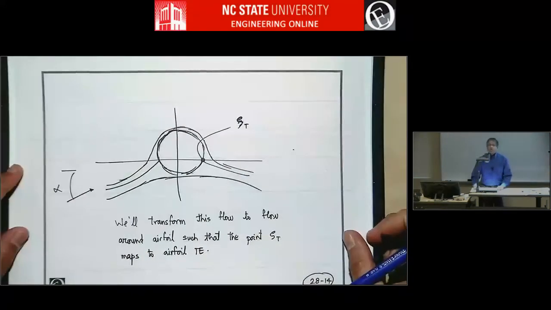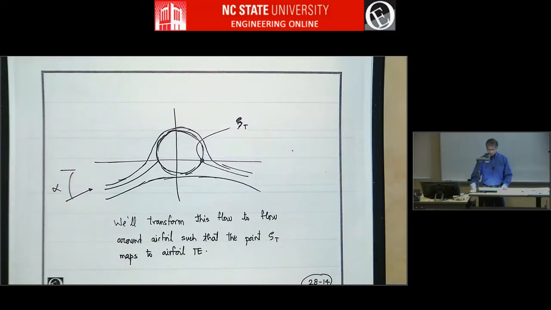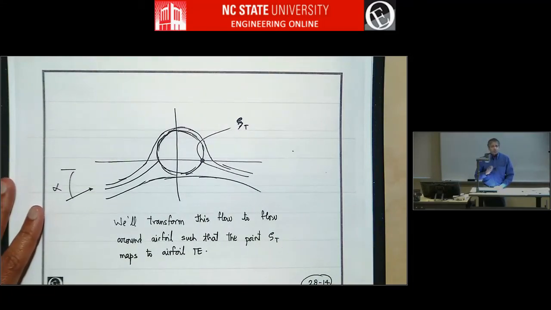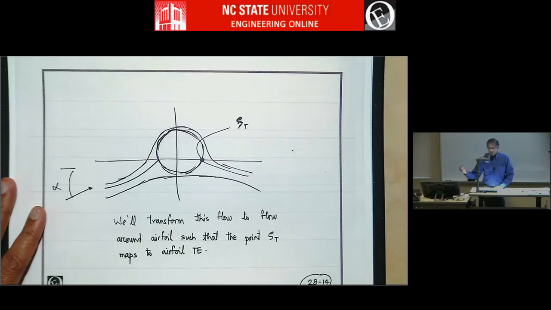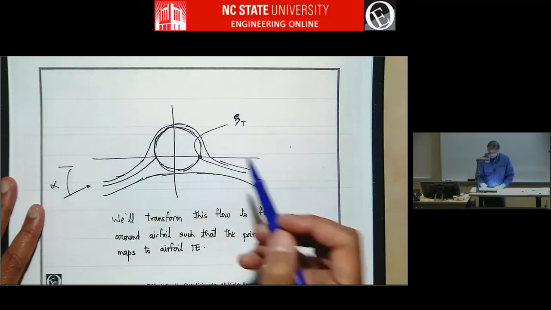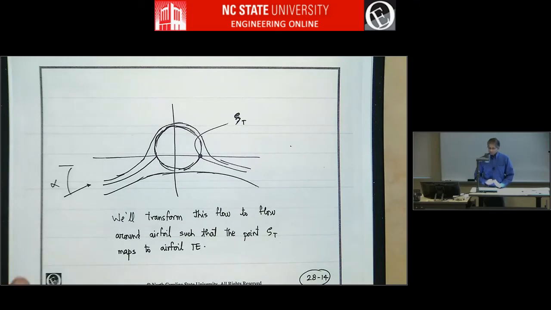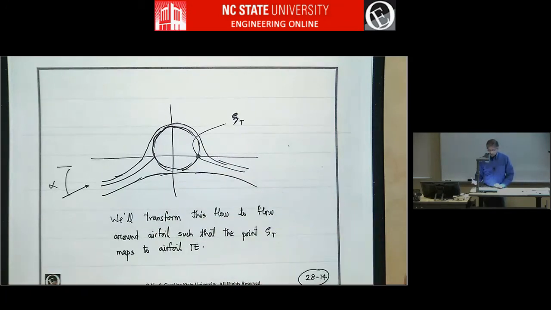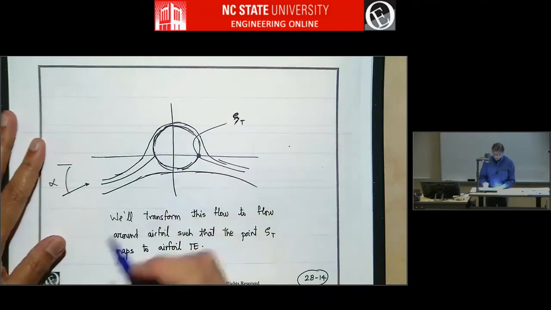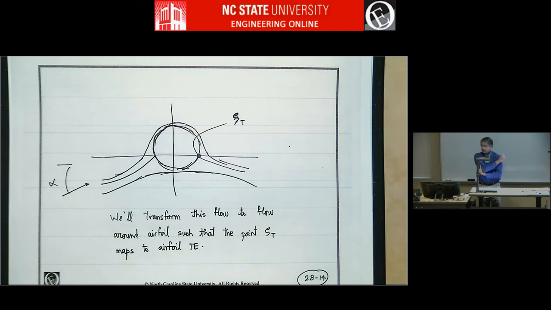So this we have seen. When we do the transformation of flow past a circular cylinder, the point that we want to become the trailing edge in the airfoil will be a stagnation point. So when you want flow past a lifting airfoil, you have to take a lifting flow past a cylinder. And this is how the lifting flow past a cylinder is, right?